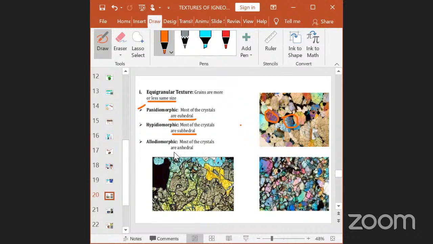And then next, allodiomorphic texture. Most of the crystals are anhedral, right? So these are the equigranular texture types.